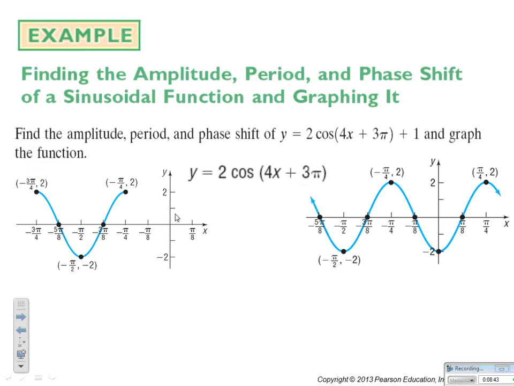And then I'm going to shift it. I'm going to start my cosine at phi over omega, so that is 3 pi over 4.